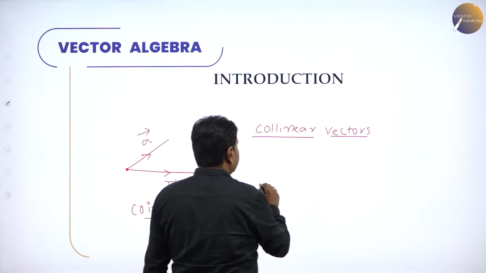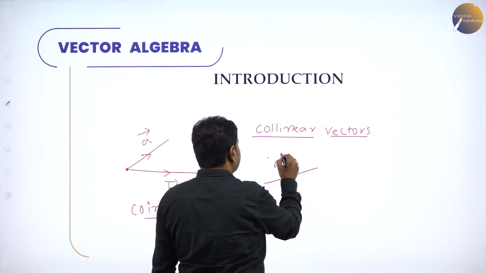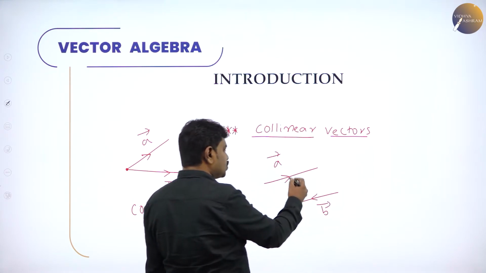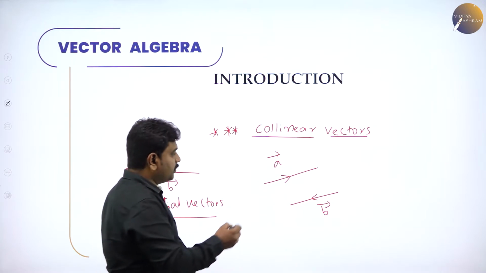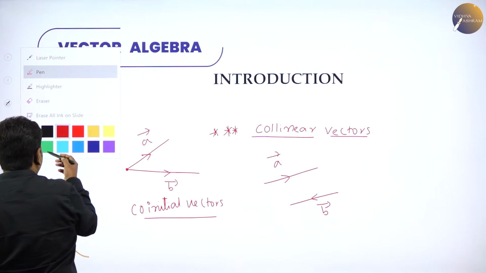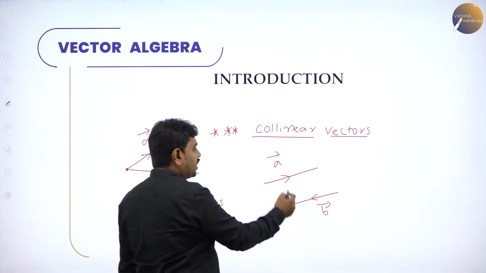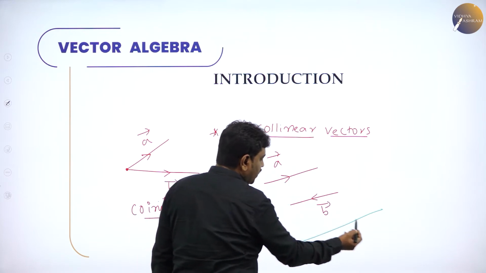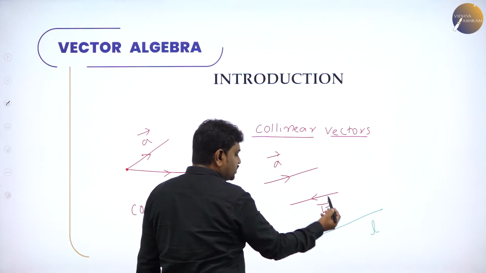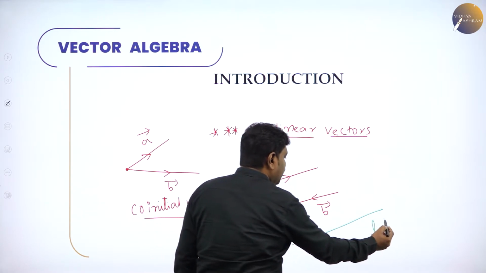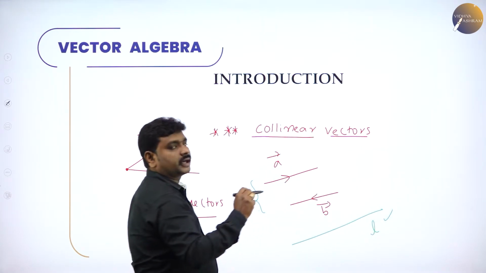For example, I'll take vector A and vector B. Now I can say these two vectors are collinear because they are parallel to the same line. I can draw a parallel line common to both. So vector A is parallel to L and vector B is also parallel to L. For these two vectors we can draw a common parallel line, therefore they are collinear.